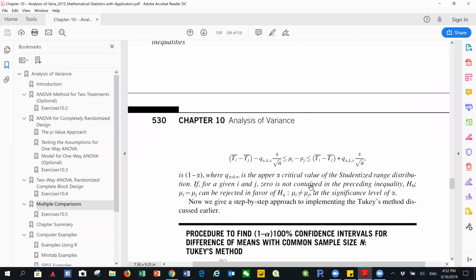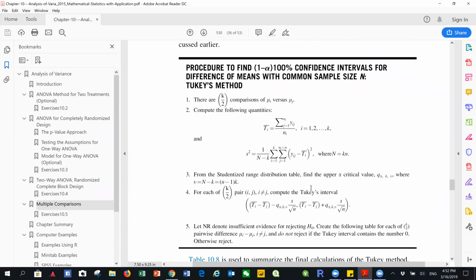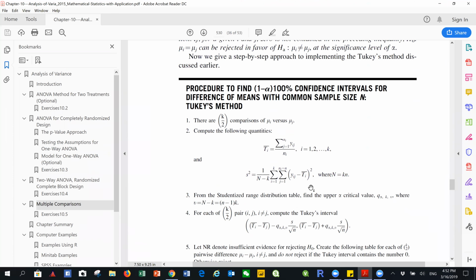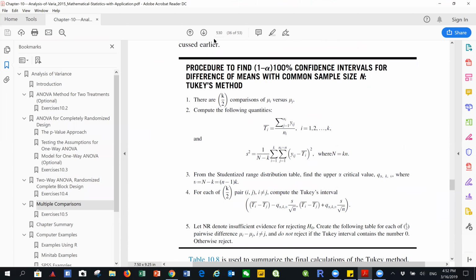I am not going to get into too many technical details, but let's look at the procedure to find 1 minus alpha times 100% confidence intervals for differences of means with a common sample size in Tukey's method.